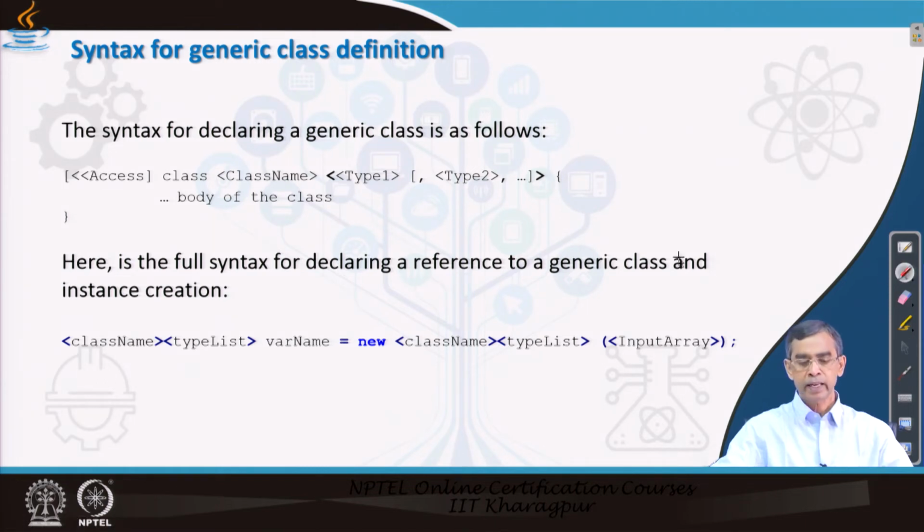Now, in order to declare a template, the template is to be enclosed, as we have done for a method, but in this case after the name of the class, within angular brackets, starting and closing, and whatever the different types that you want to handle in this program, you can mention as a template.